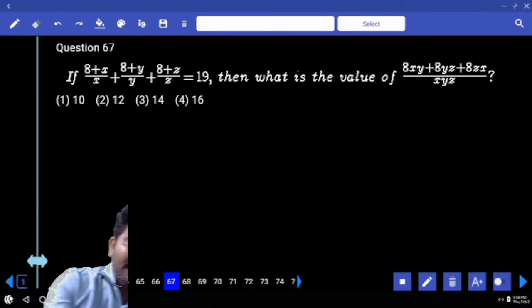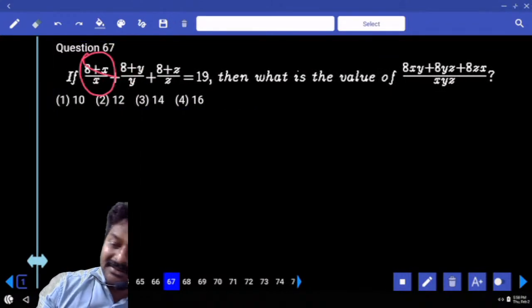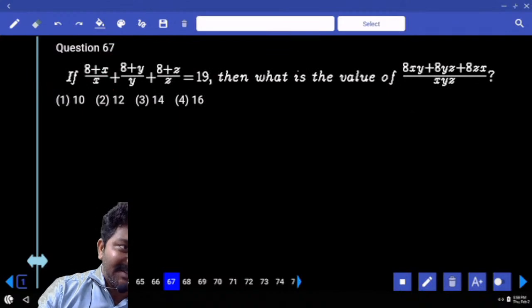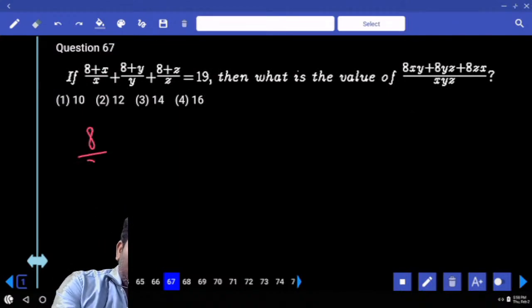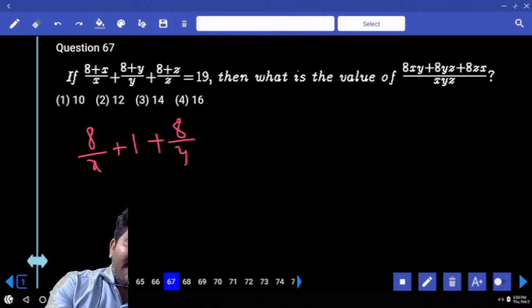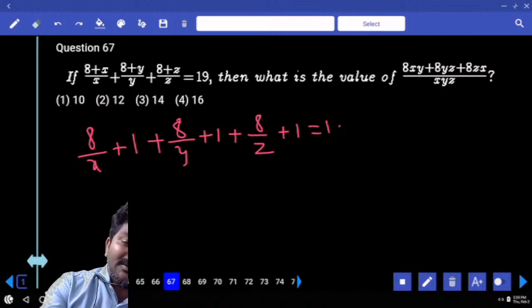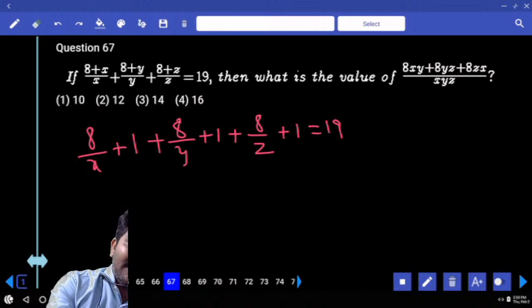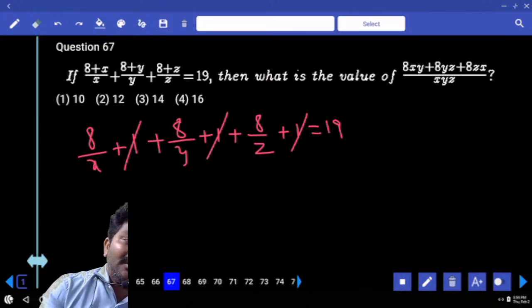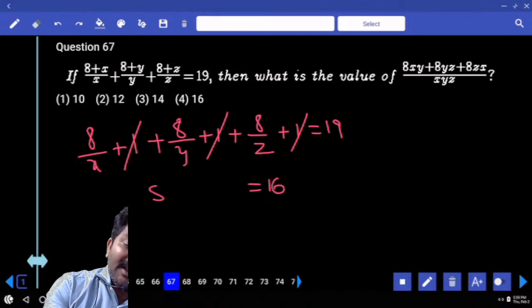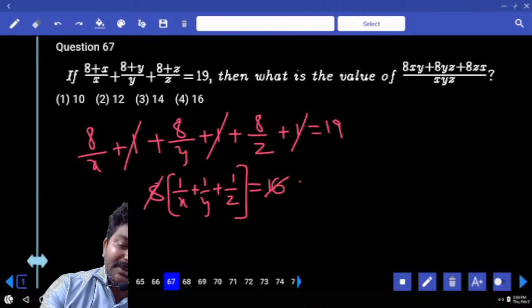Come on. Let's expand this as 8 by x plus x by x. Is that okay? 8 by x plus x by x, 1. The other one also, 8 by y plus 1. Next, 8 by z plus 1 is equal to 19. From this 1 1 1, 3 goes to the other side. 16. 8 can be taken common on the left hand side. 1 by x, 1 by y, 1 by z. 8 how many times? 2 times.